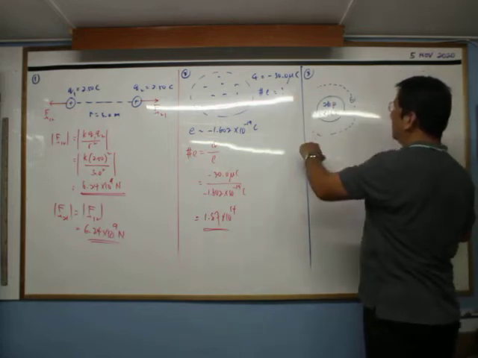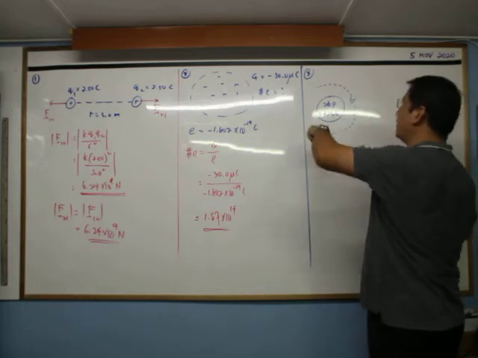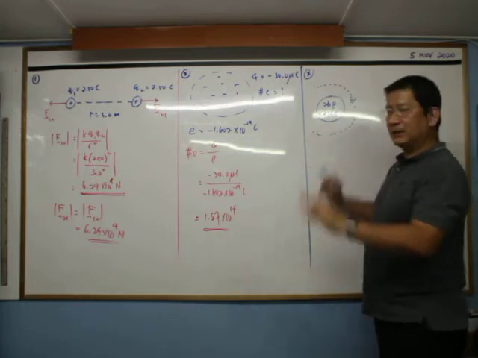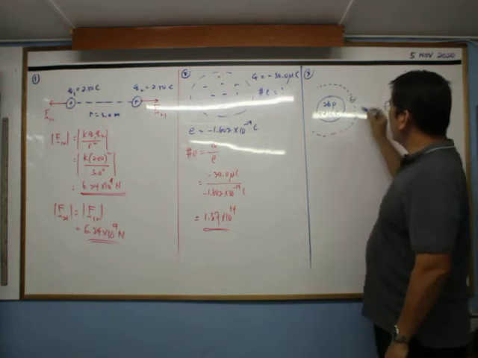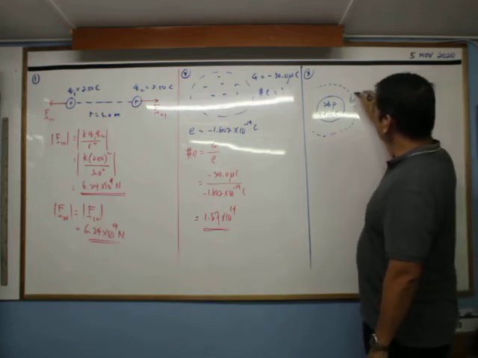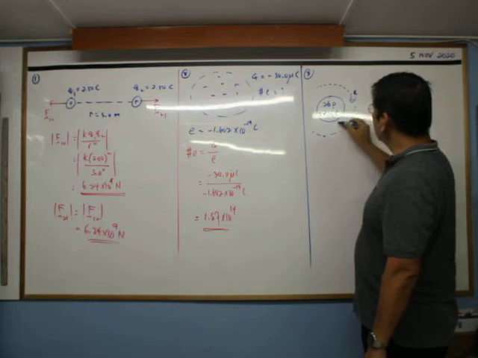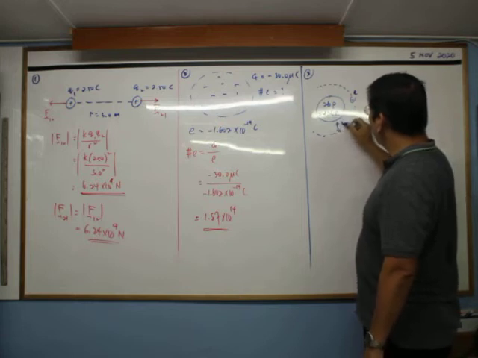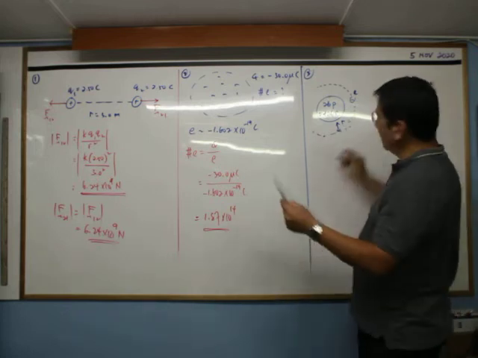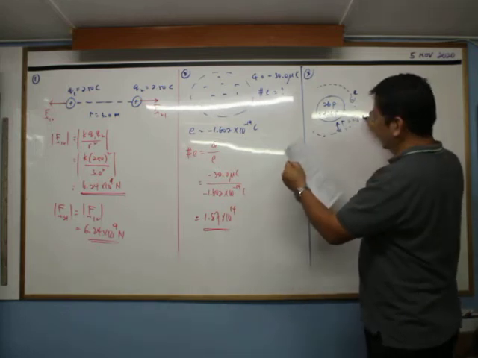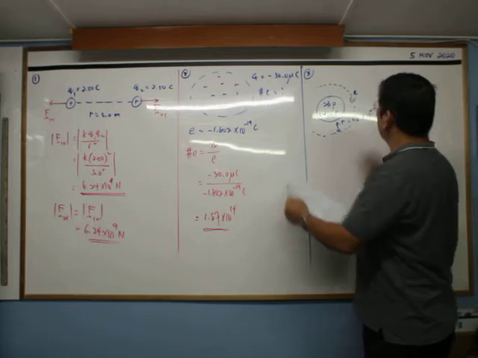You have the first orbit with 2 electrons, the next orbit is 8 electrons, next one 8 again, and it extends to further orbits. We only look at one of these electrons, which is at a distance r equal to 1.5 × 10^-12 meter.